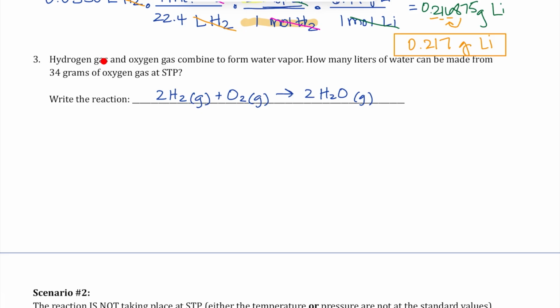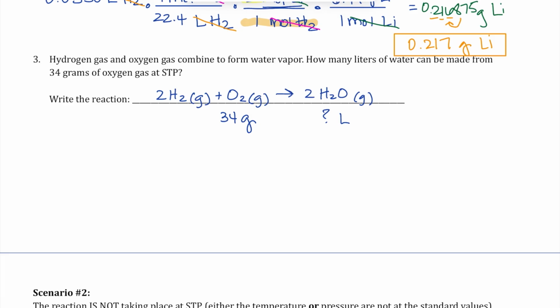All right, so hydrogen gas and oxygen gas combine to form water vapor. Vapor means gas. And so as we look at these, all of these are gases, and so we can treat all of them as gases using what we've talked about this unit. How many liters of water, so we are looking for liters of H2O, can be made from 34 grams of oxygen at STP.